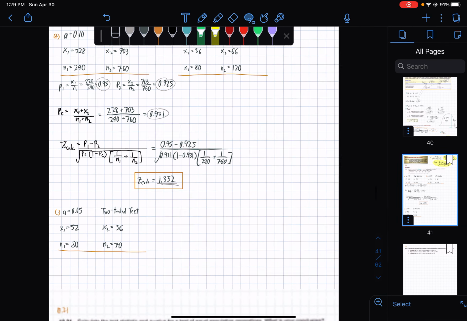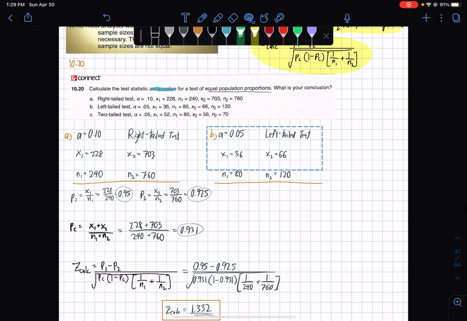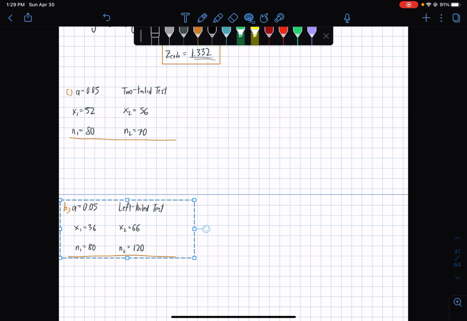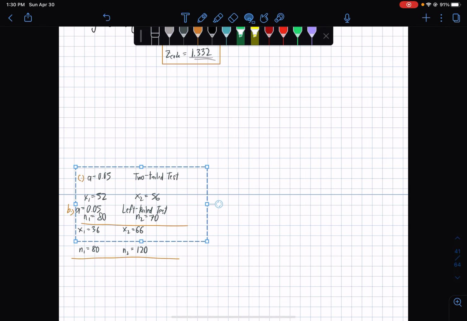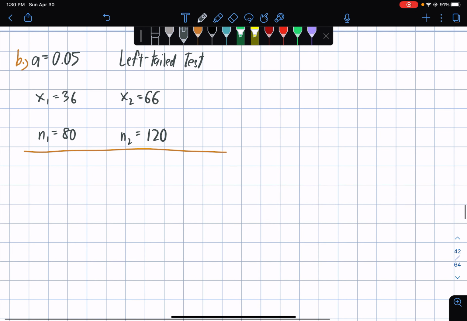You might need another page for the next two problems. Computations always require a lot of space. For letter B, again we look for P1 and P2, and then for PC. For P1, x1 over n1, that's 36 over 80, which equals 0.45.